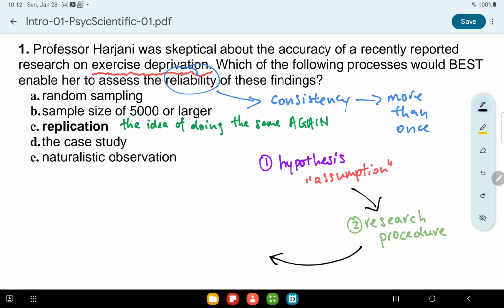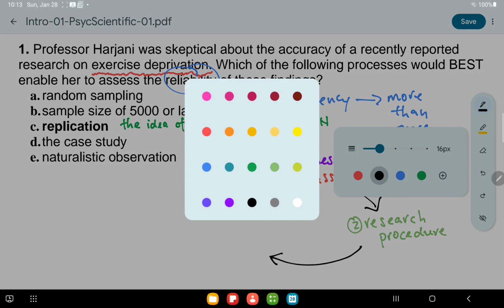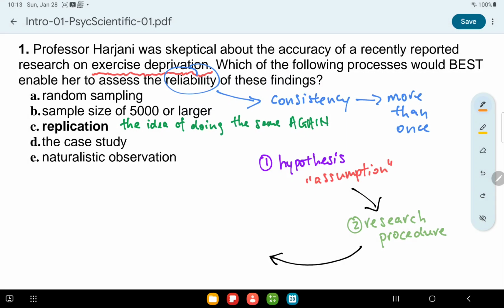And the third step is, after taking the research question through the steps set out in the research procedure, we would come up with certain outcomes or results. In many cases, results and outcomes are captured using numbers.